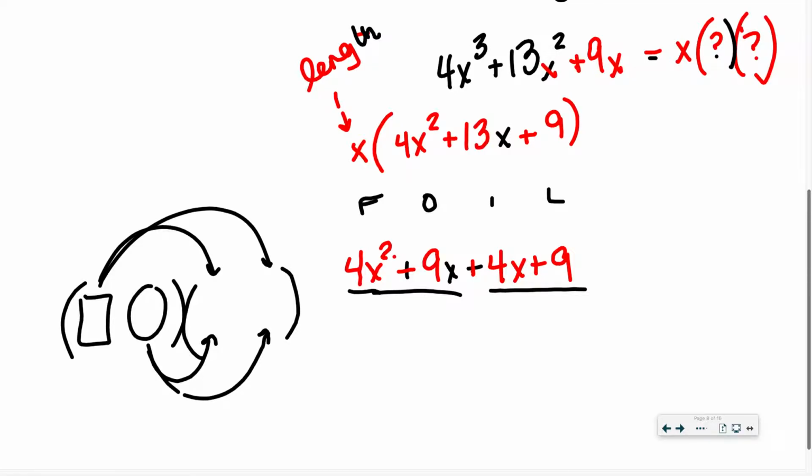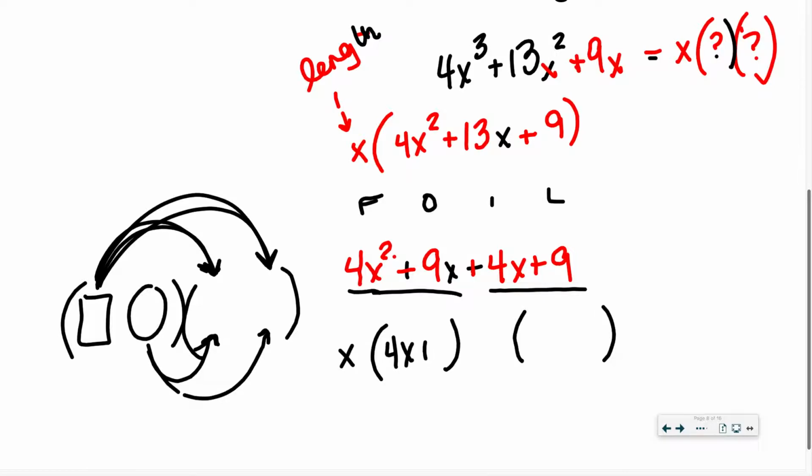That's here. That is why your parentheses will be the same. So finding the greatest common factor, if I multiplied one thing by this binomial, and I ended up with 4x squared plus 9x, what is the one thing I multiplied through? An x. And what am I left with?